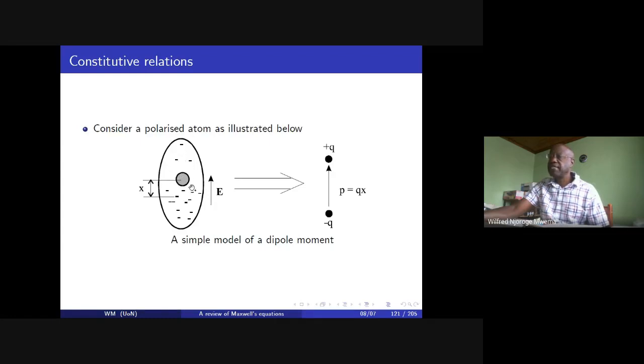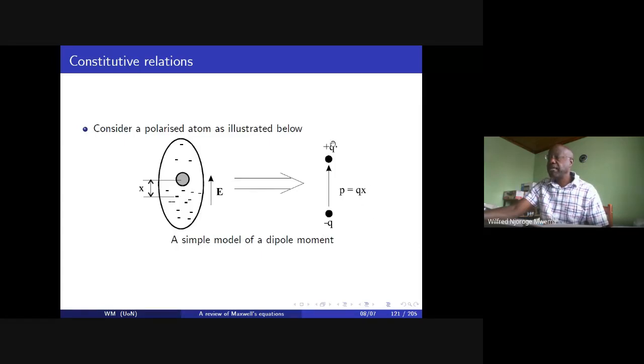And therefore, the centers of the negative and positive charges are now displaced by a small displacement, which we are here calling x.